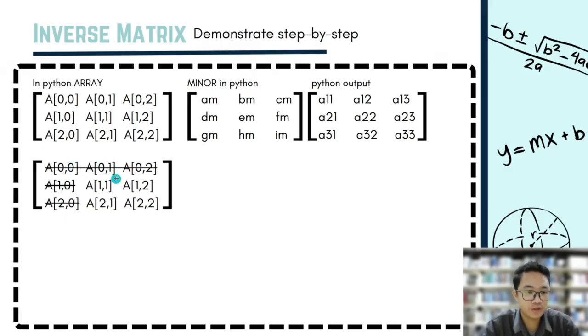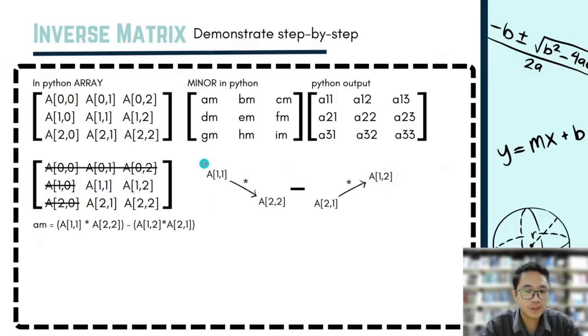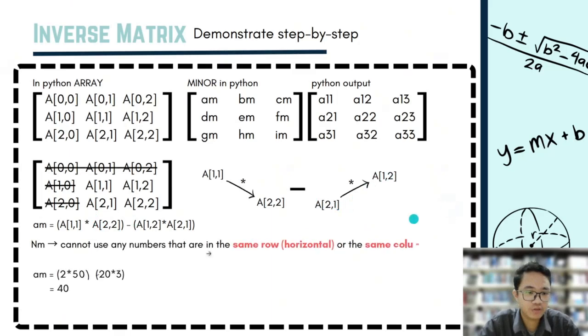So you'll get only 4 elements on the other side. You need to perform the calculation for this one. So this is the formula. You have to cross multiply to the left and then minus the multiplication to the right. So you get the answer 40 here.